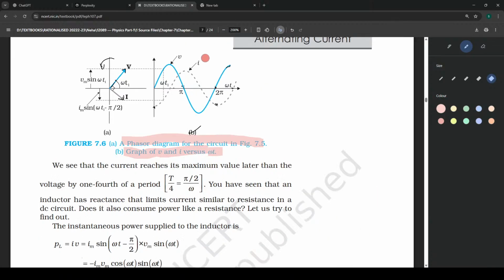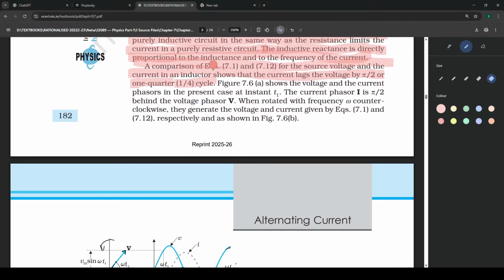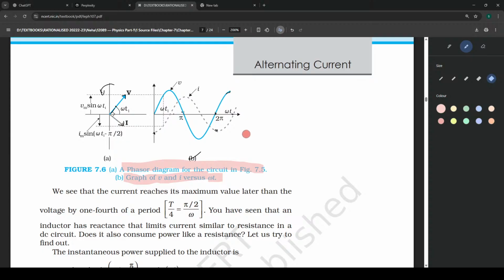Okay, let's go back to reading. Now this figure, what we saw just now, shows the voltage and current phasors. In the present case, at instant t1, the current phasor I is pi by 2 behind the voltage phasor V, and as they rotate with frequency omega counterclockwise, meaning anti-clockwise, they generate the voltage and current given by equations 7.1 and 7.12 respectively, as shown in figure 7.6b.